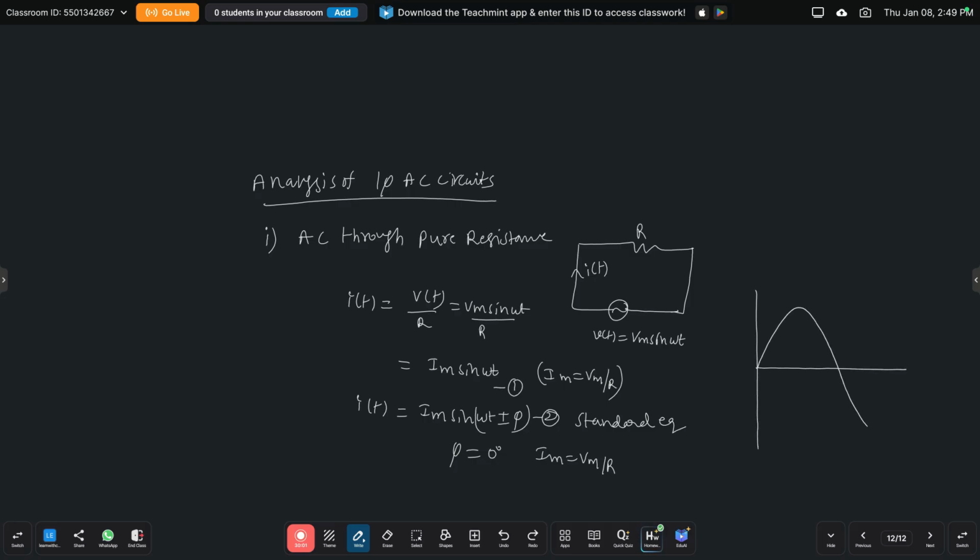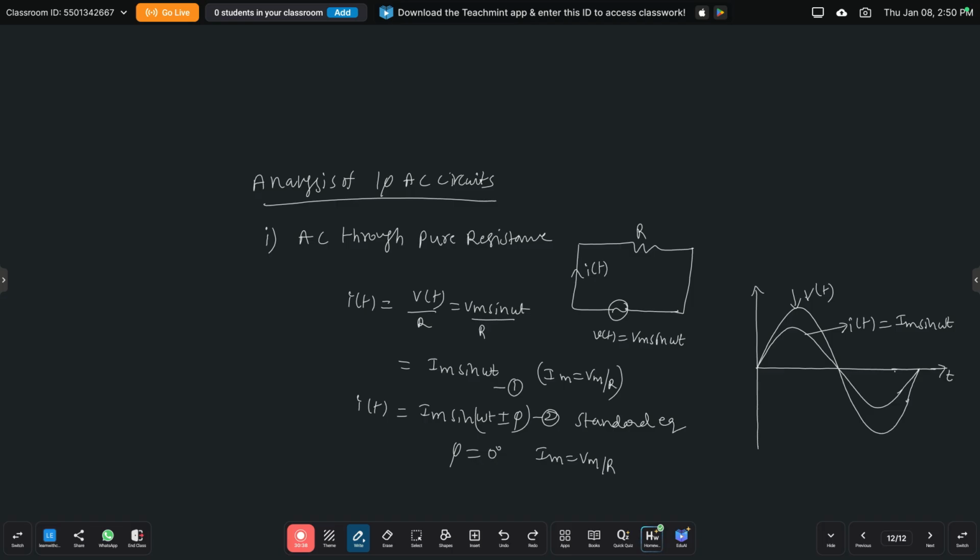Right, so now if you take this as V of t, and I is in phase, now you can say this is I of t, which is equal to Im sin omega t.